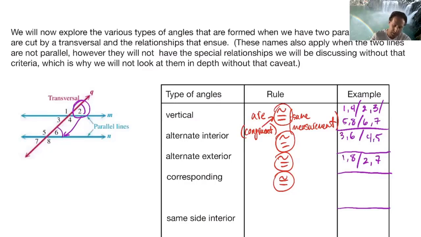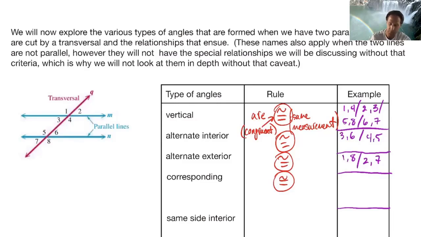So notice if I took this actual angle right here, and I just slid it down, that transversal we called it, notice it would be the exact same red line, which would be this part here, and then it would be the parallel line to that blue one, which virtually is the same, just in a different spot. So that's why we would call angles 2 and 6 corresponding, because they are in corresponding or similar places and therefore are congruent because they're virtually using the same exact sides to make up the angle.